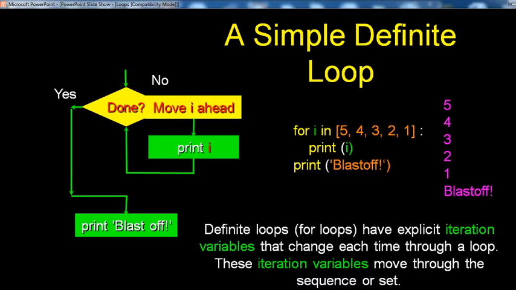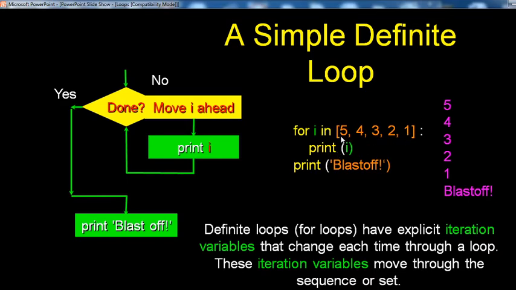Definite loops, for loops, have an explicit iteration variable that changes each time through the loop. These iteration variables move through the sequence or set. Suppose the variable i is given 5 values: first it takes 5, then 4, then 3, then 2, then 1.